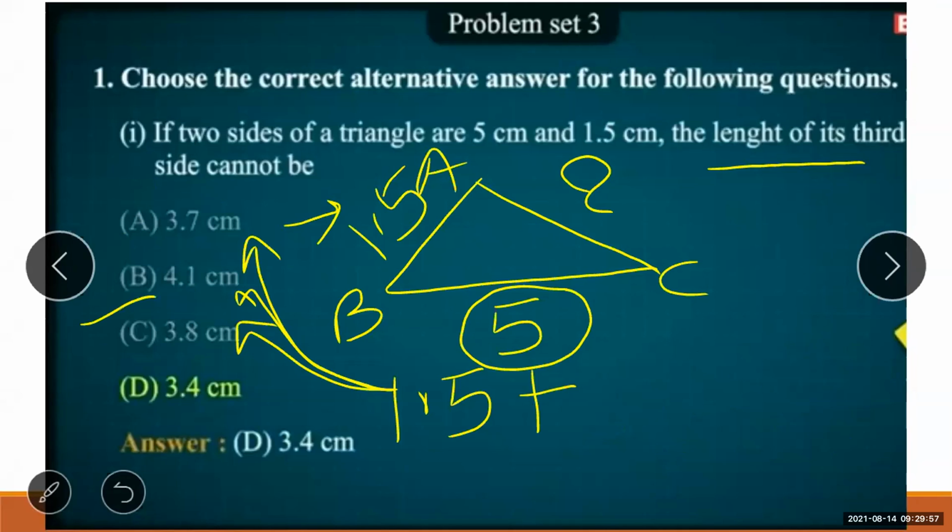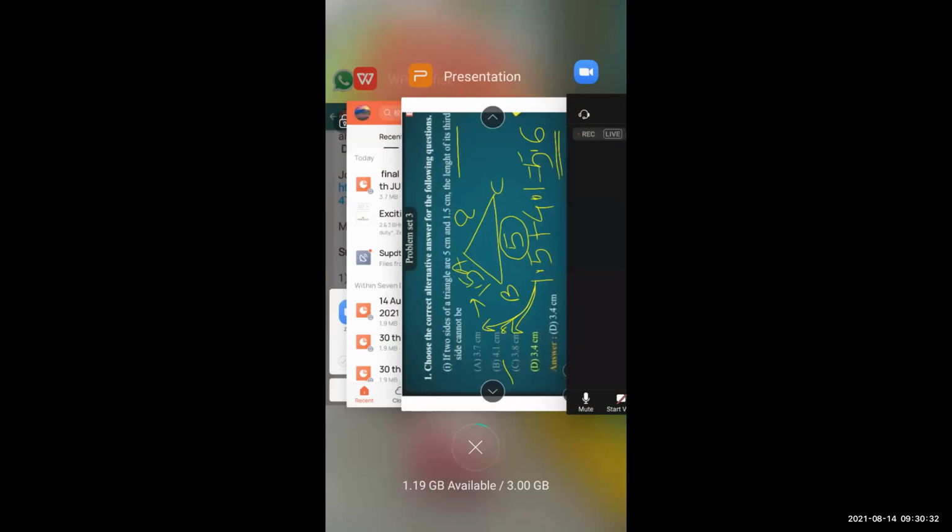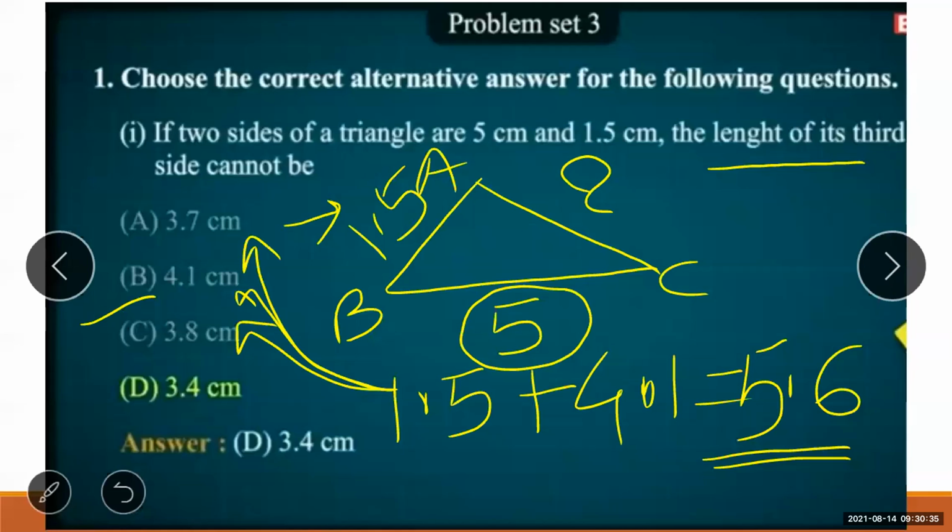The total will be 5.6, so for the second option that is also not possible because that is greater than 5.